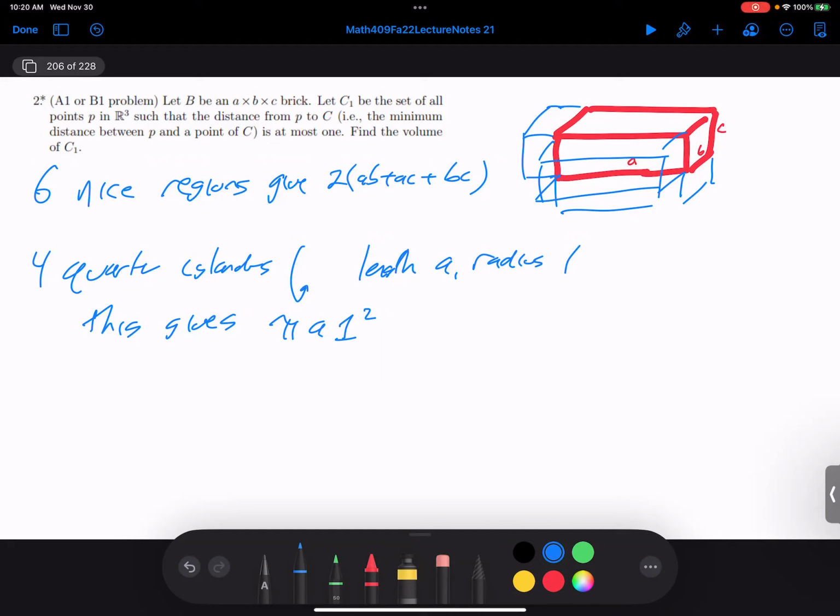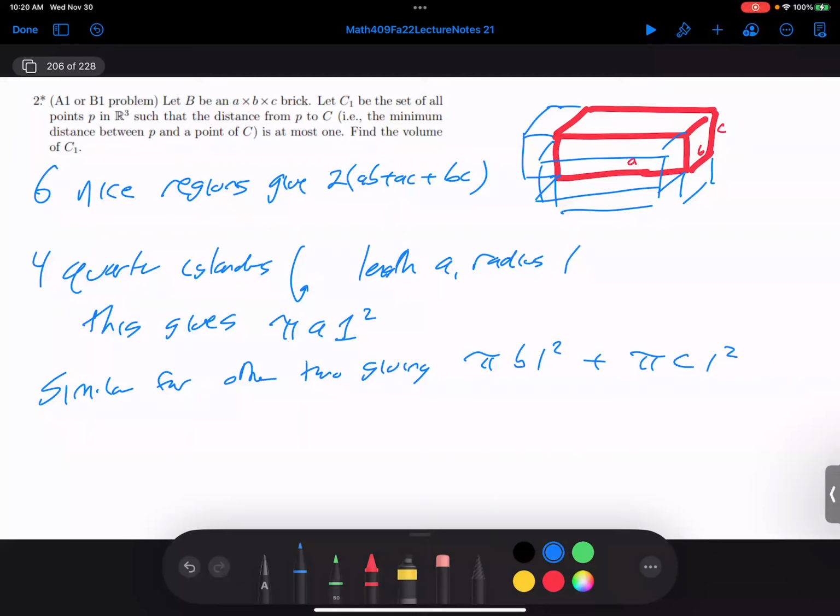Okay, so that's going to give 4 more pieces. Then we should have similarly for B, similarly for C. And none of these are going to be double counted, right? Similar for the other 2, giving pi B 1 squared plus pi C 1 squared.